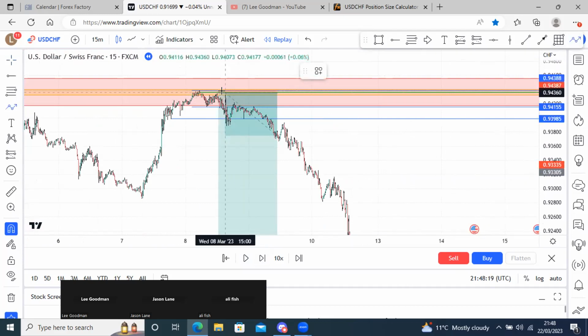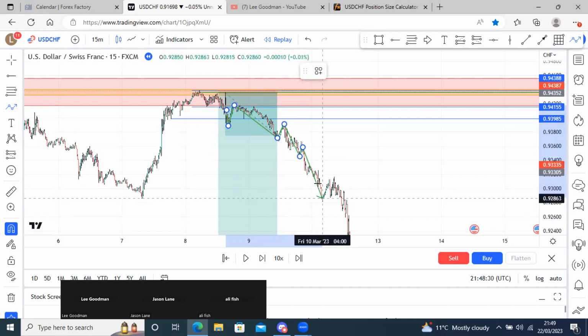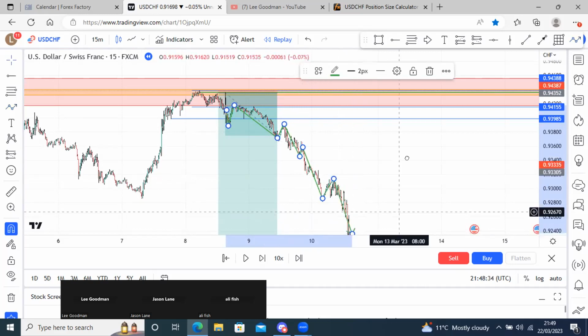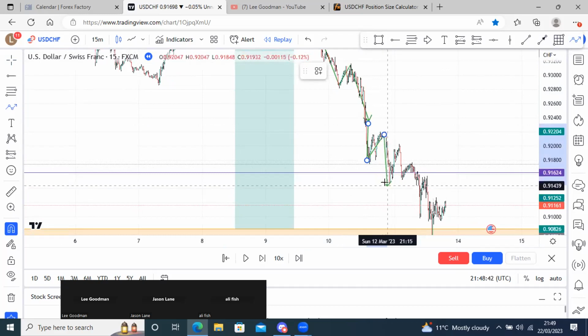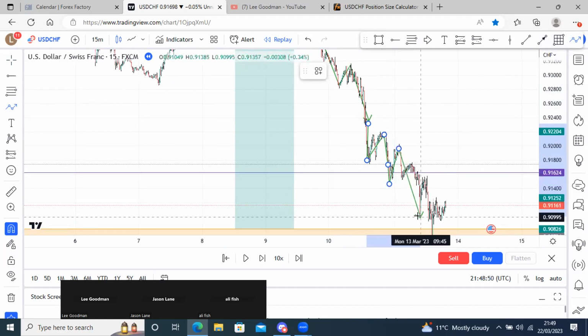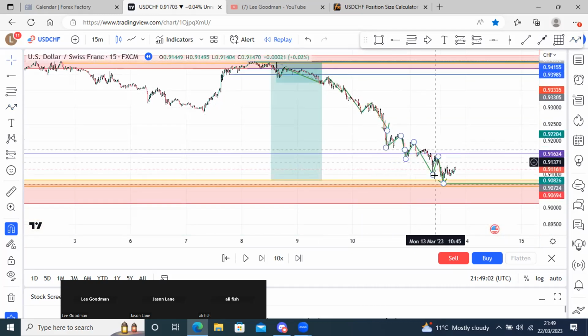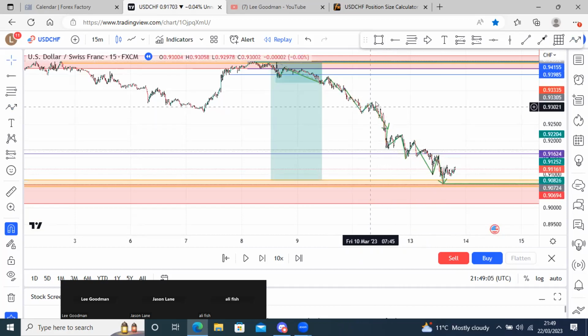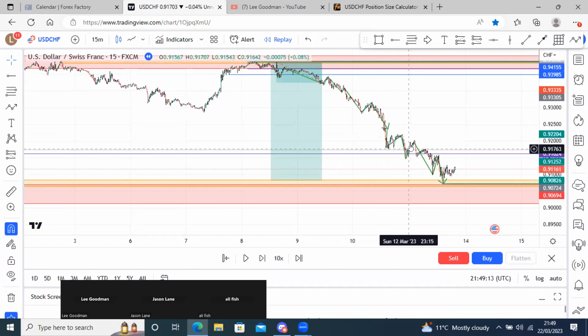Yeah, if there'd have been any pullbacks beyond this, so I could come down here and then pull the full bit, I'd have probably been out around here, but it literally just 15 minutes, no breaks, just completely shredded down.